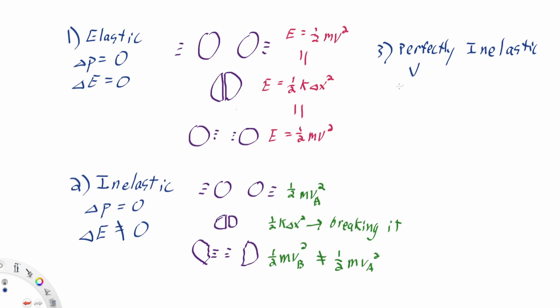Right? So in a perfectly inelastic collision, they will stick together and after the collision they will have the same velocity. So v1b equals v2b.